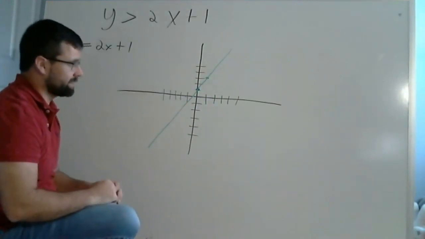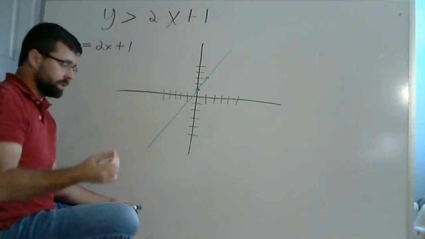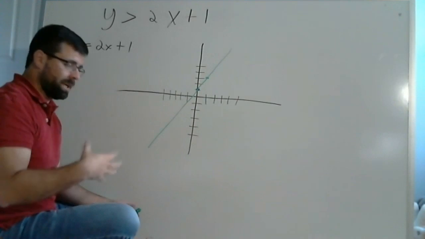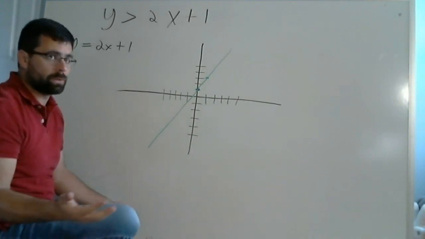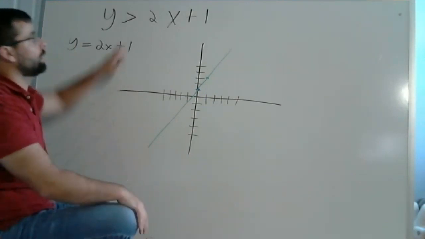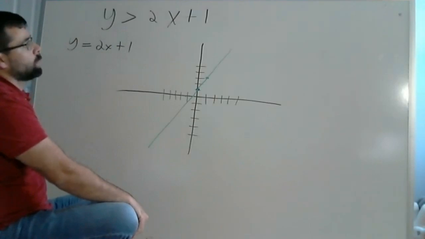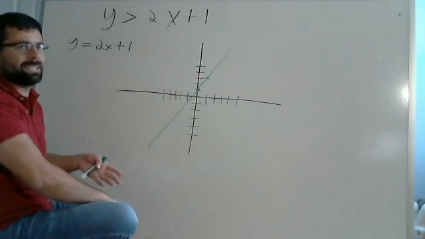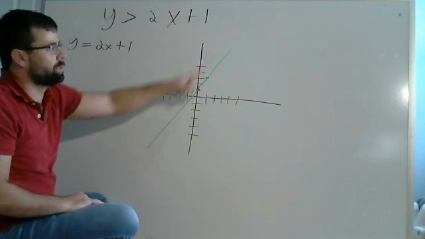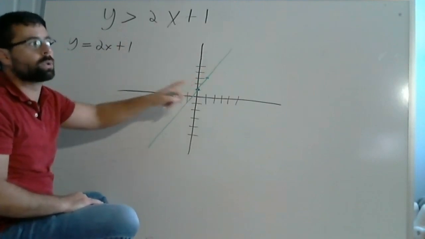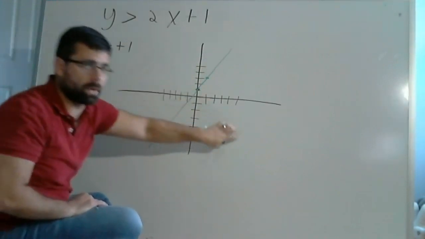So in the previous set, we said that the solutions create boundaries, okay? So on one side of that boundary, the inequality works. On the other side, it doesn't work. So the same exact thing has happened here, where all of these solutions in this line create a boundary between this side of the graph and this side of the graph.